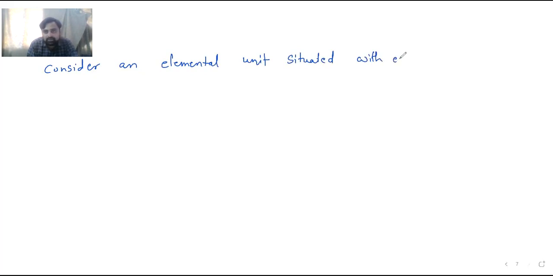Okay, now see further what he says. Further consider an elemental unit situated within the end zone. This I have already told you. One elementary strip we have considered.